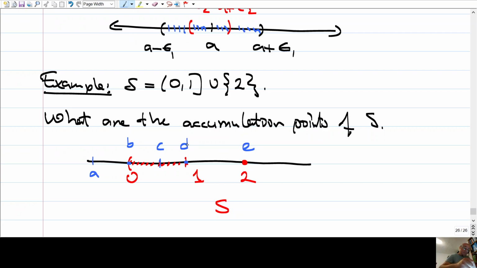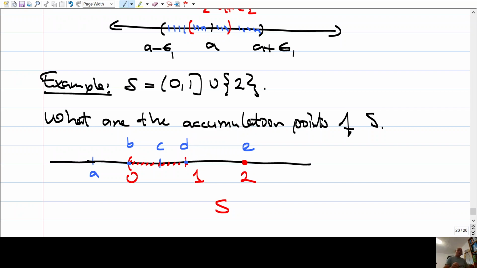Pictorially, let me choose a different color. Let me make this a bit longer. Now I choose a different color.